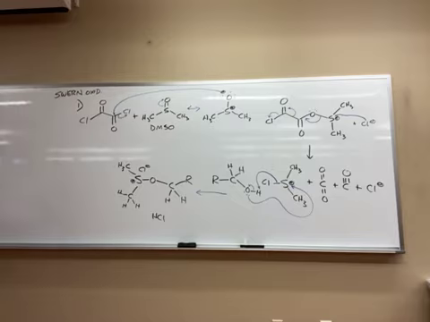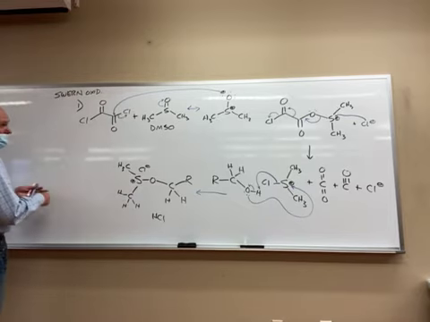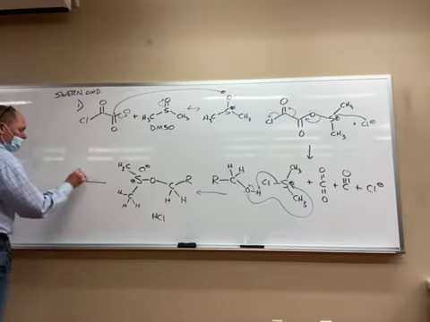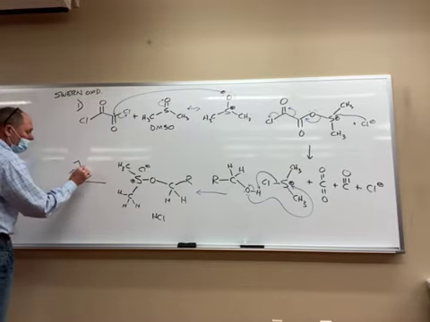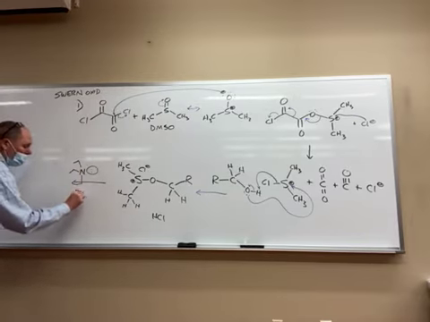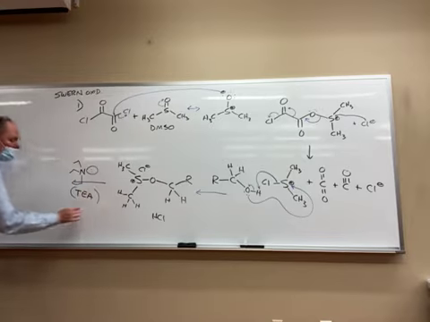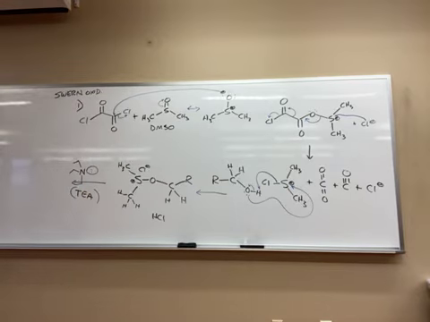Step two does this. I have a new reagent. My new reagent is triethylamine. Okay? A lot of times in a reaction you'll see T underneath one of the arrows. That's triethylamine.